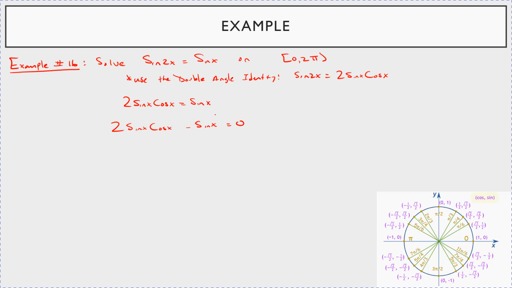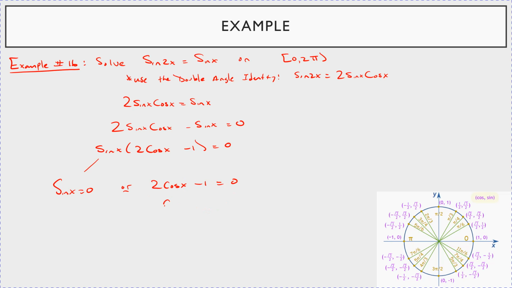Now you can factor out a sine of x, and then you have something times something equals 0. So either sine of x is equal to 0, or 2 cosine of x minus 1 is equal to 0.